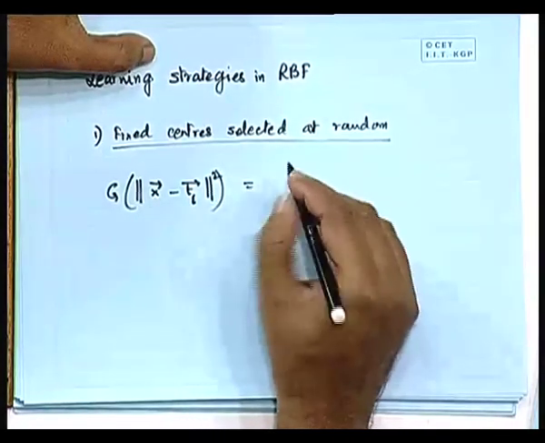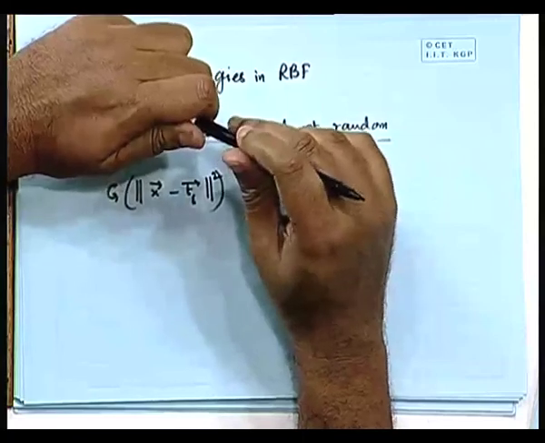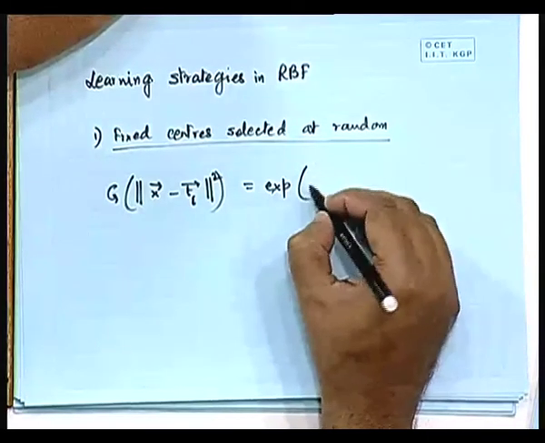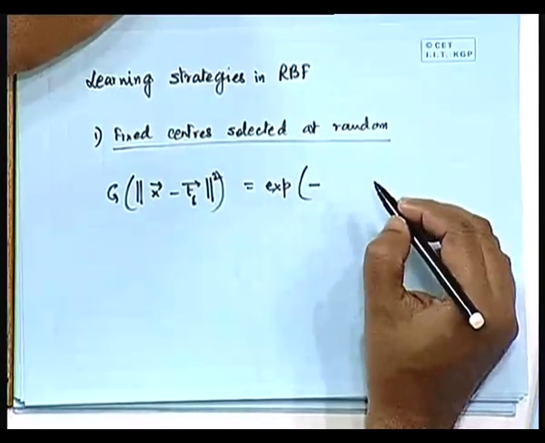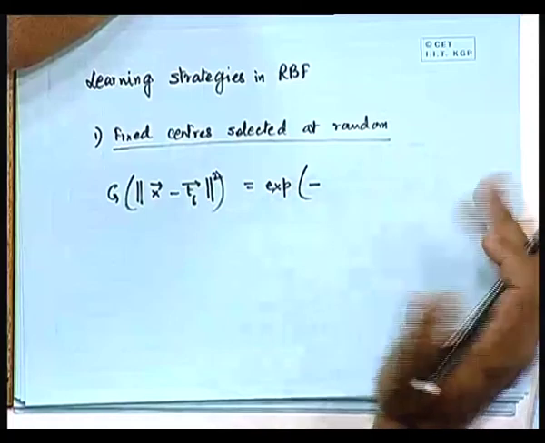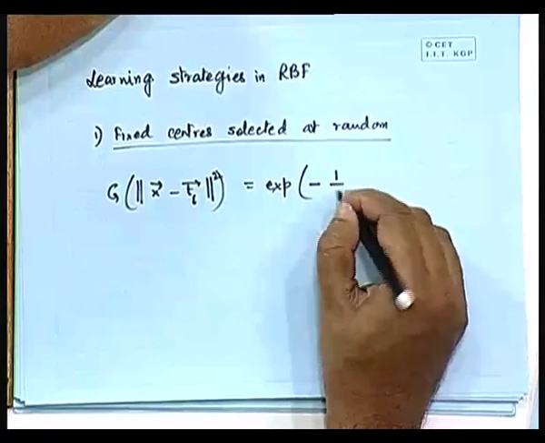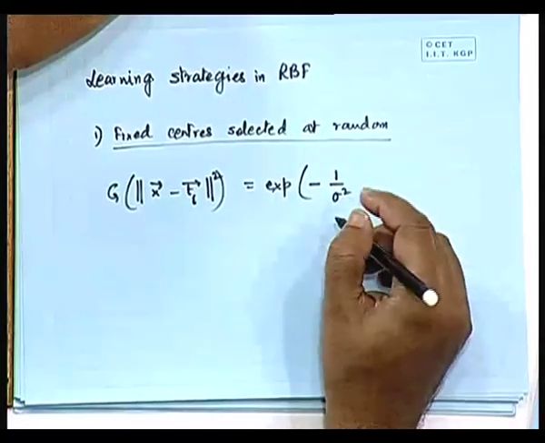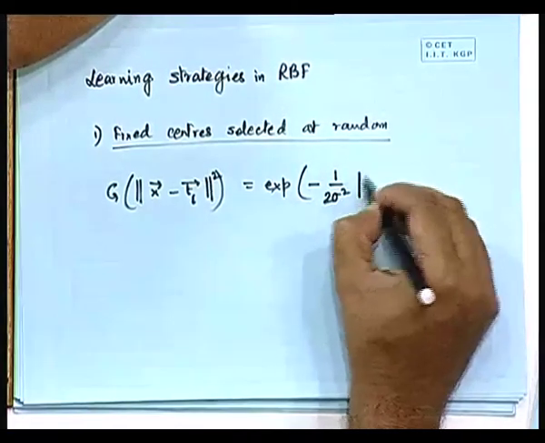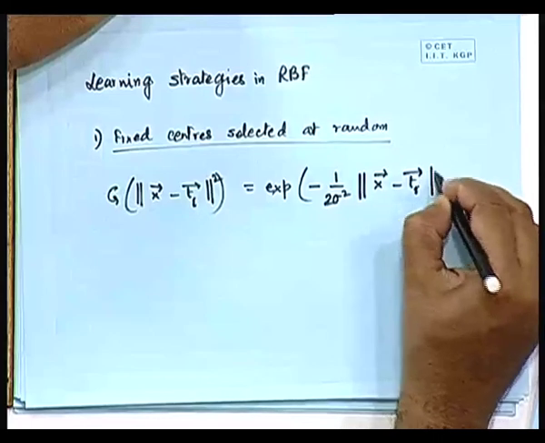If we happen to choose the Gaussian as the radial basis function, in that case the argument of this exponential will be minus 1 upon 2 sigma square into norm of x minus ti square.